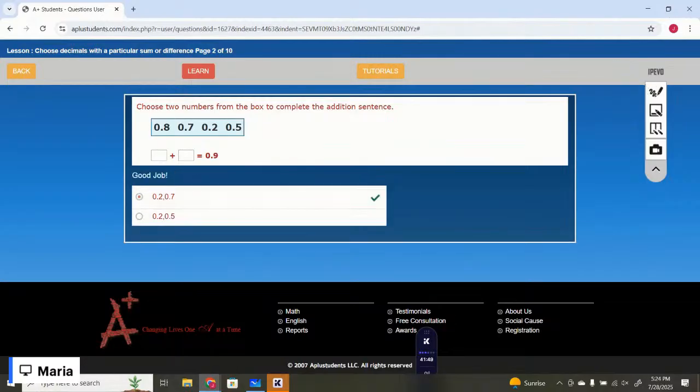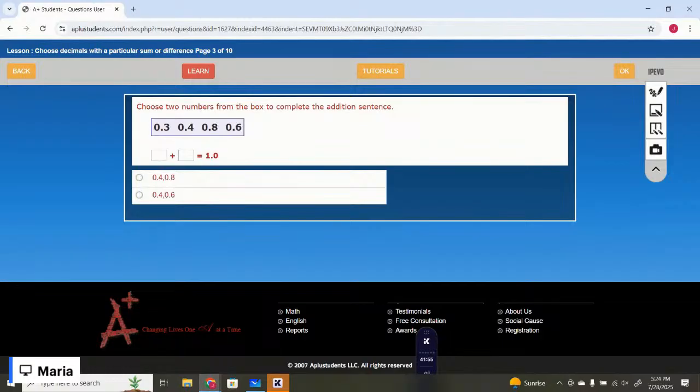Option number one is the correct option. Choose two numbers from the box to complete the addition sentence.